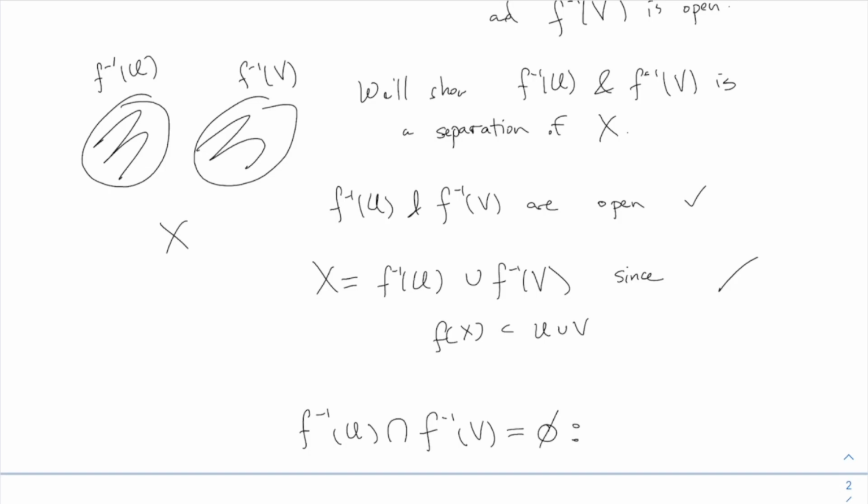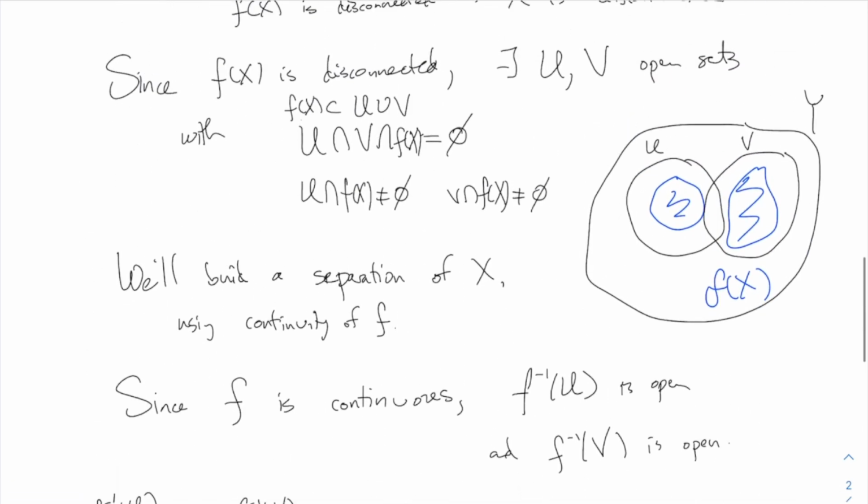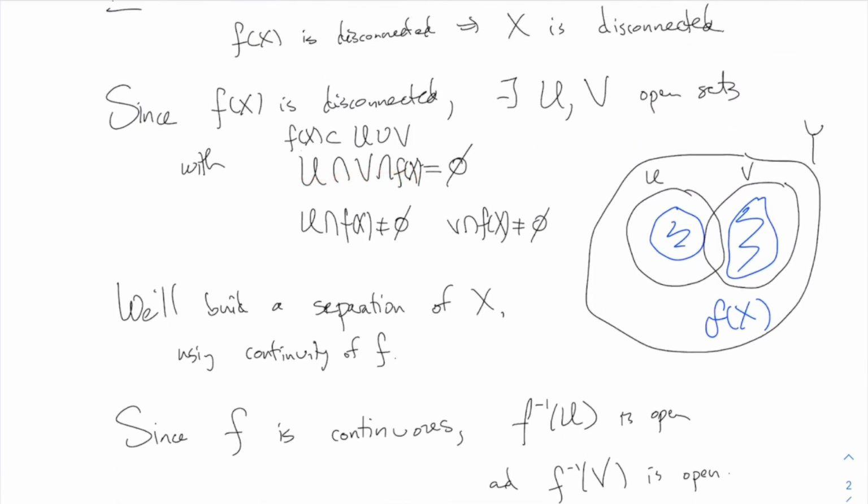Why is that true? Well, it looks true on this picture, but we have to explain why. Why is it true that f inverse of u intersect f inverse of v is empty? That's just because u and v themselves have no points in common. This says there is no point where, when you apply the function to it, it goes into both u and v.